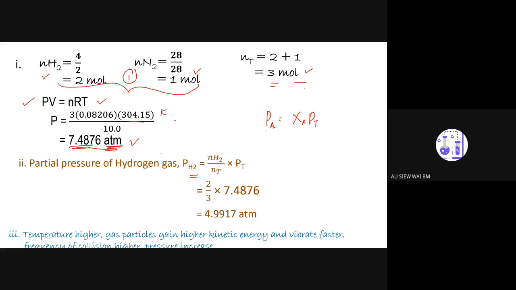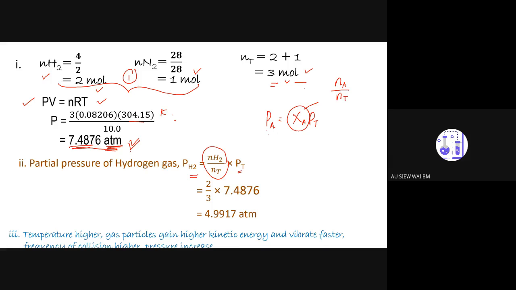Since we have already calculated the P total from the first part, we just make use of it. Mole fraction means the number of mole of that particular gas divided by the total number of mole, so the number of mole of A divided by the n total.